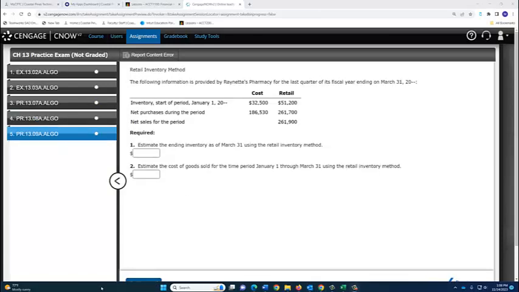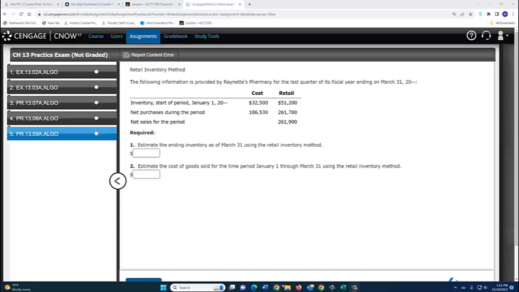In the last problem, we're going to estimate ending inventory using the retail method. And we're going to use the same exact formula that we used in the gross profit method, except this time we're adding an additional column. We've got a cost column and then also a retail column.